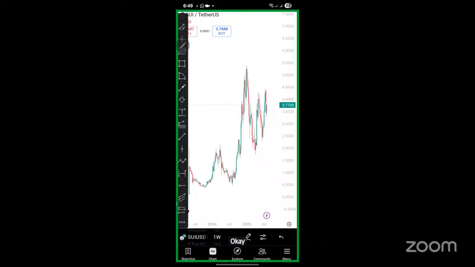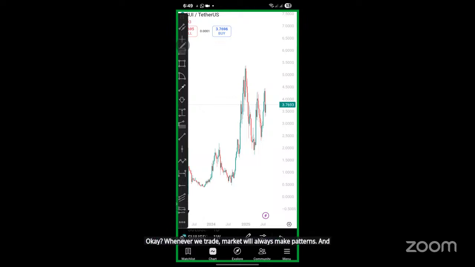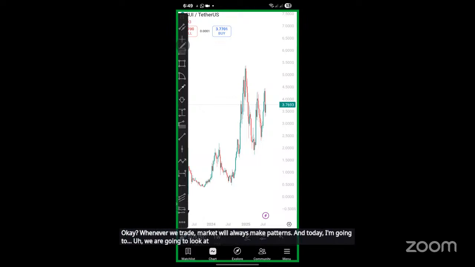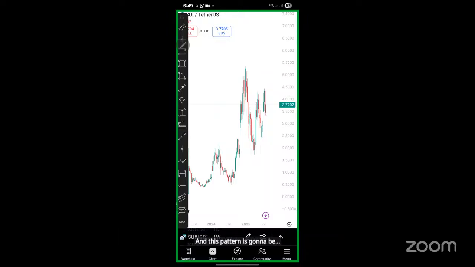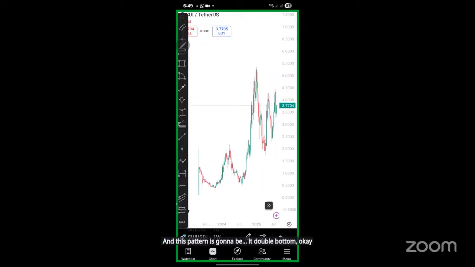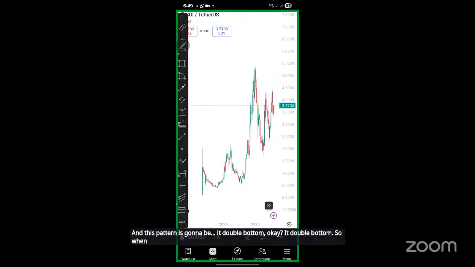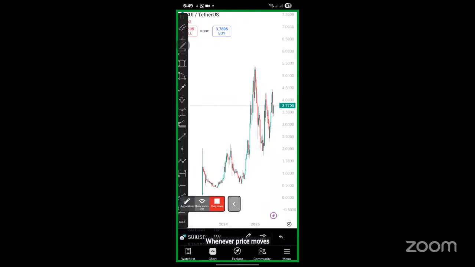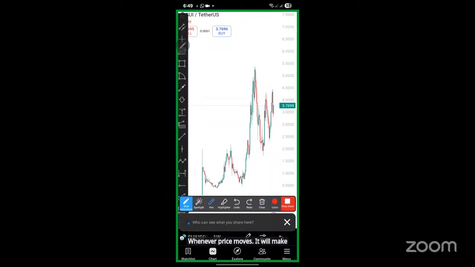Whenever we trade, the market will always make patterns. Today we are going to look at one pattern, and this pattern is going to be a double bottom. Whenever price moves, it will make patterns, because our trading is based on price action.